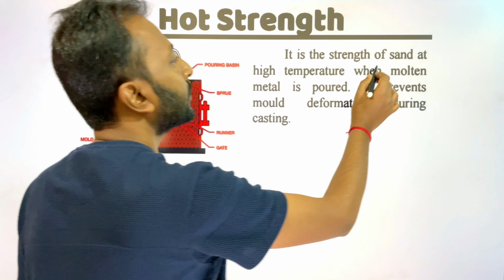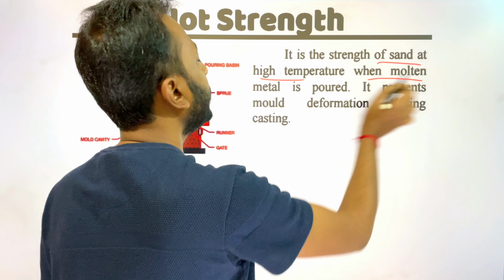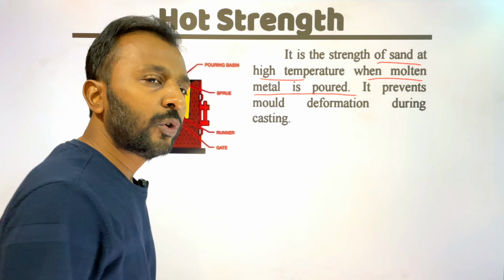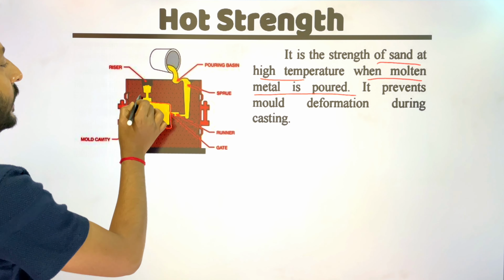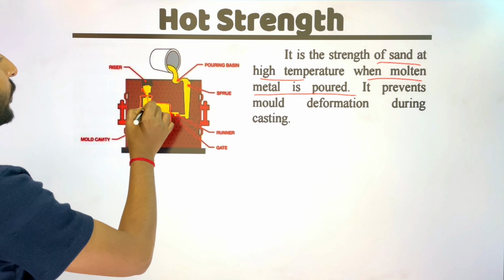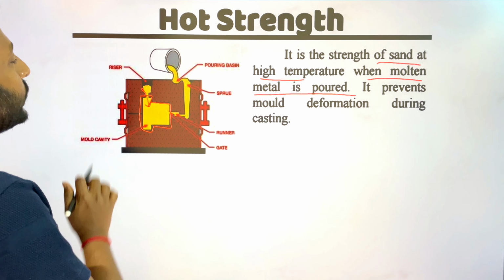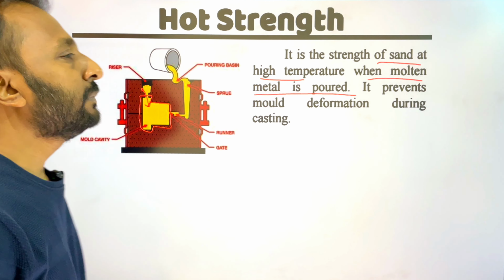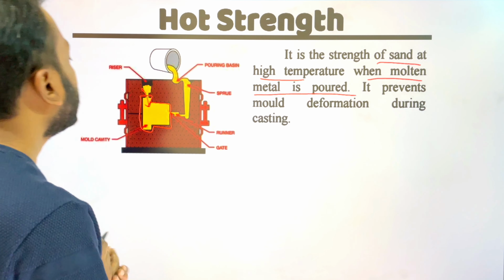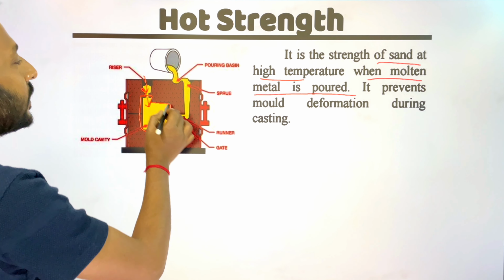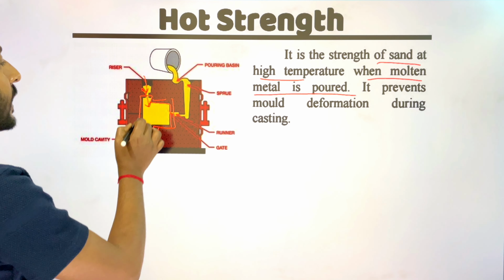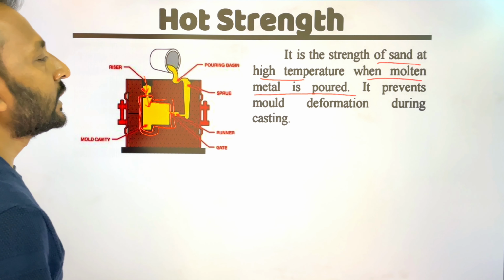The next is hot strength. It is the strength of sand at high temperature when molten metal is poured. We create a mold cavity inside the molding box and fill it with molten metal. The molten metal is hot, and the molding sand comes in contact with the hot metal.